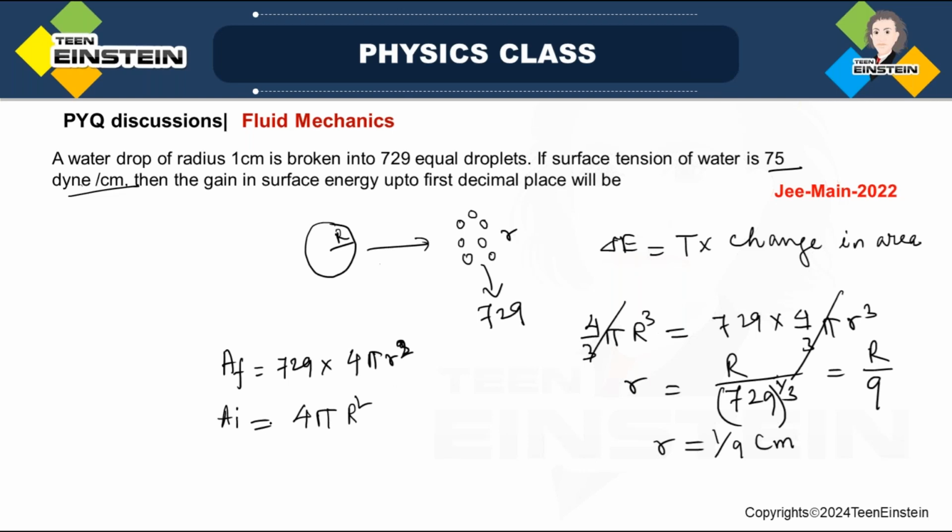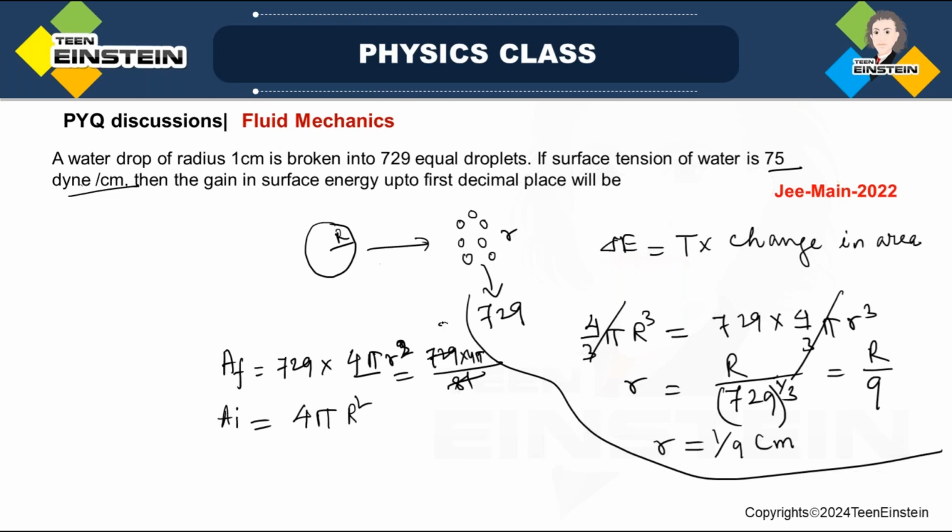So the final area, let this 4 pi be there, will be 729 into 4 pi divided by 81.